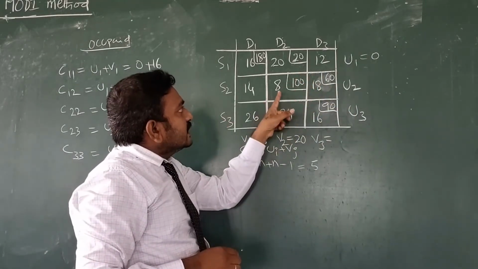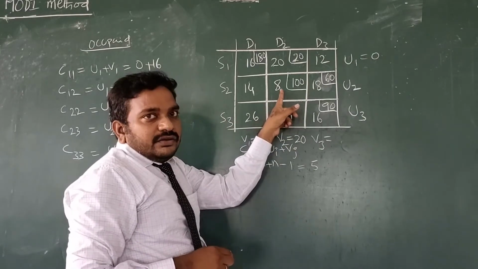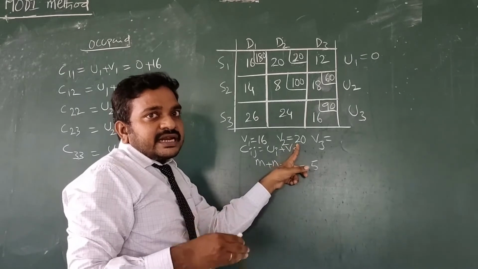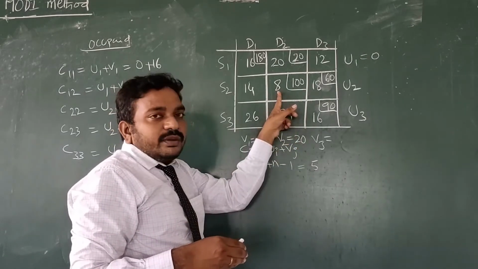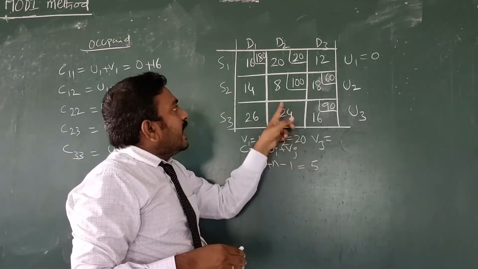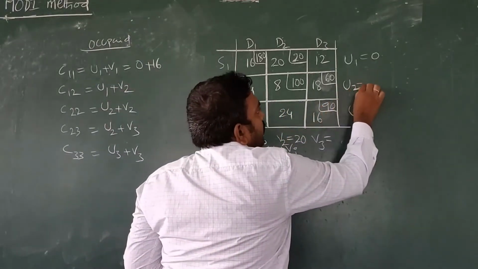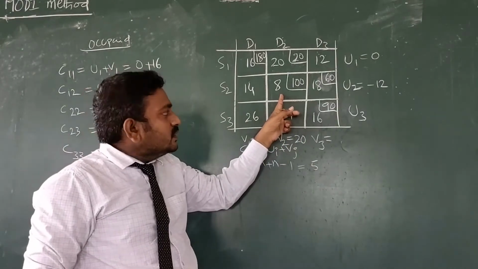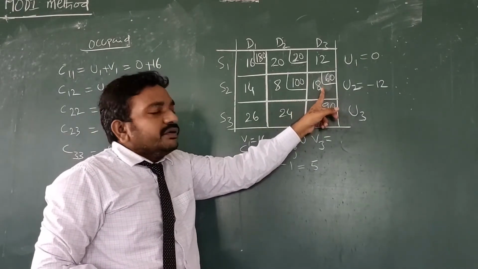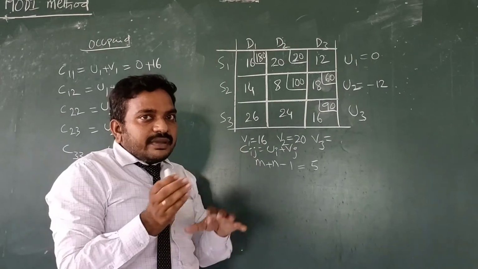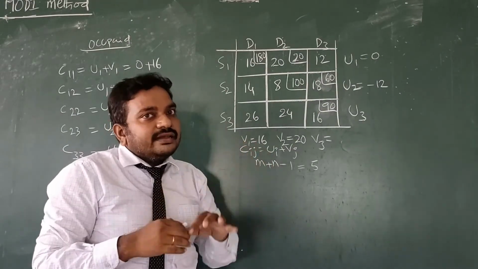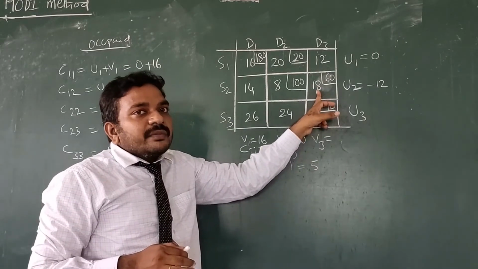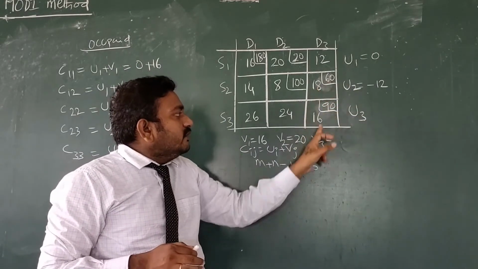Now the next allocated cell is this 8. You need to get 8. One of the values is 20. By adding or subtracting what value does this cell value become 8? 20 minus 12, that equals 8. Now this value 18. You need to get 18. Then make changes to the U, V values correspondingly. This 18 has corresponding U and V values, U2 and V3.